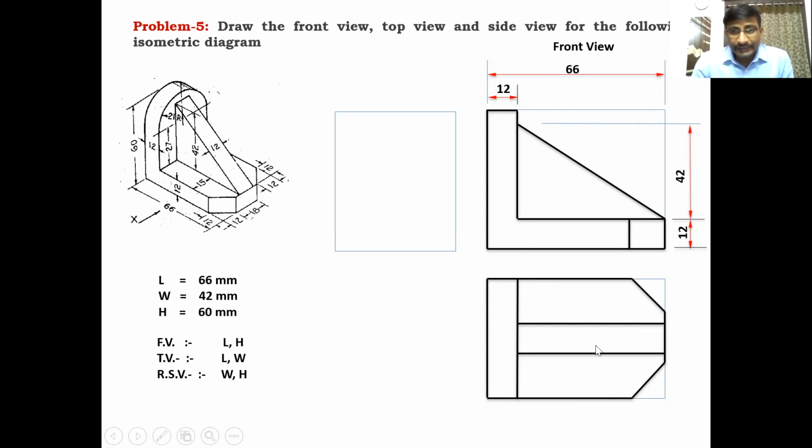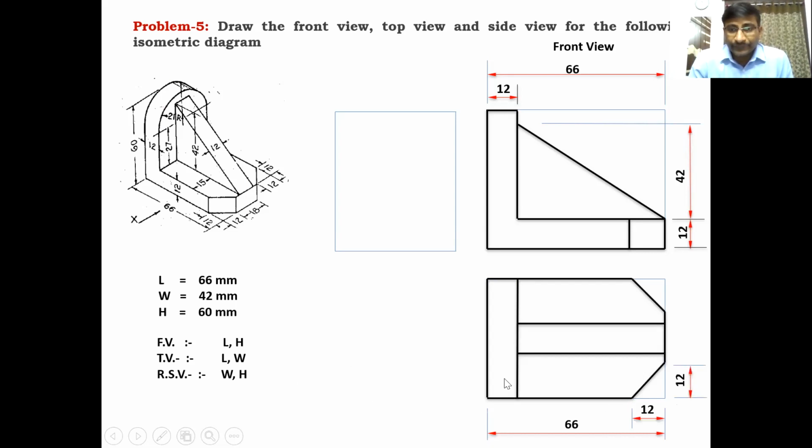And the inclined surface looks like a horizontal surface here in the top view, whose width, the distance between these two lines, is 12 mm. 12 mm is given. Okay, at the center, you have to draw those two lines at a distance of 12 mm between them. Clear? These are the visible surfaces in the top. These are 66 mm length and 12 mm from the side.